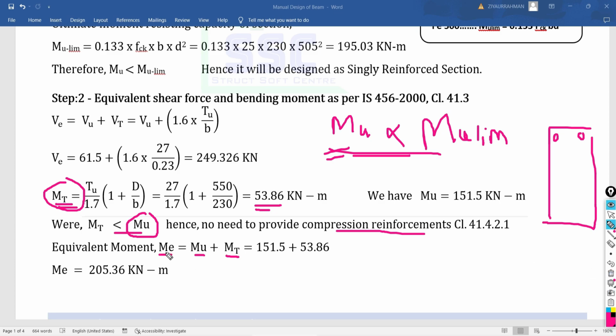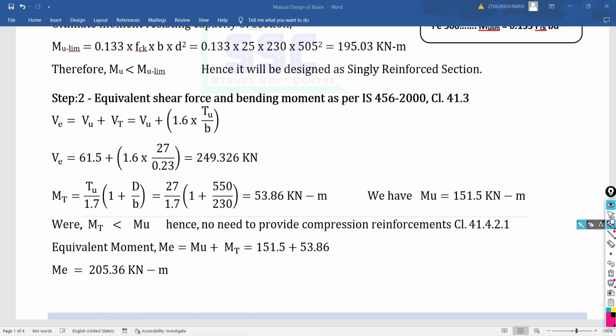But one more criterion is given by IS 456 clause 41.4.2.1: when your beam is subjected to torsion, you also have to compare the ultimate moment with the torsional moment. When the torsional moment is less than the ultimate moment, there is no need to provide reinforcement on the compression side at the top. But when the torsional moment is more than your ultimate moment, we need to provide reinforcement on the compression side. Keep that in mind.